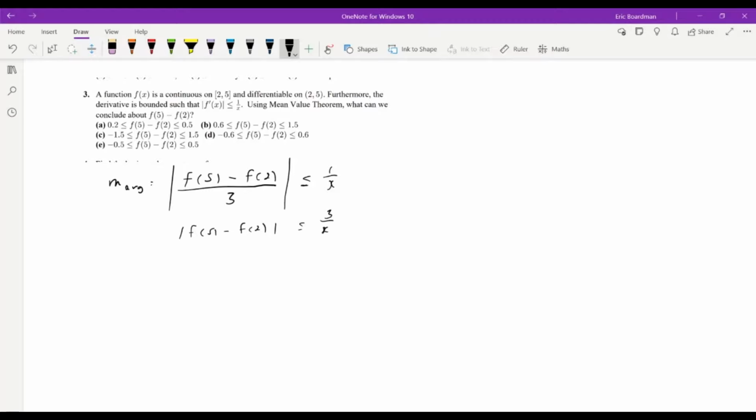And then from here, I'm just seeing where we should go next. Well, I see that we have the endpoints 2 and 5, so I know we can do something with those. I'm just thinking about where we should go.